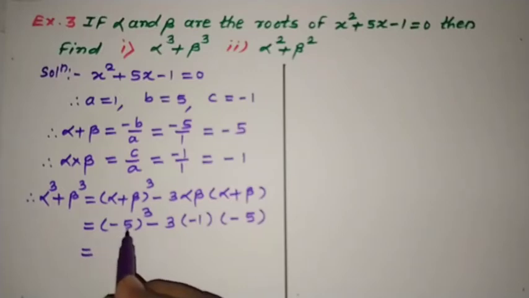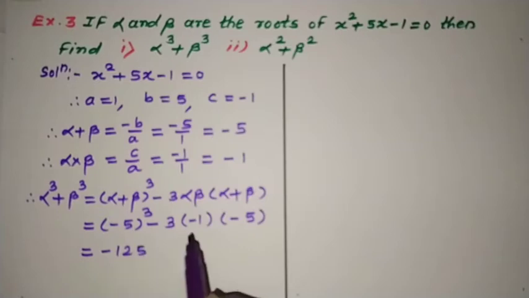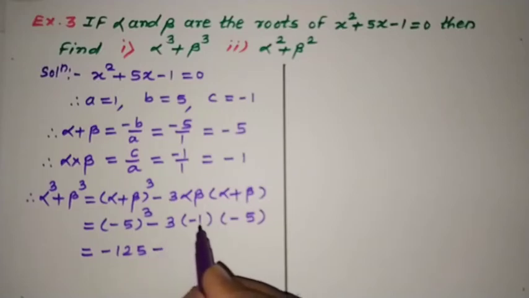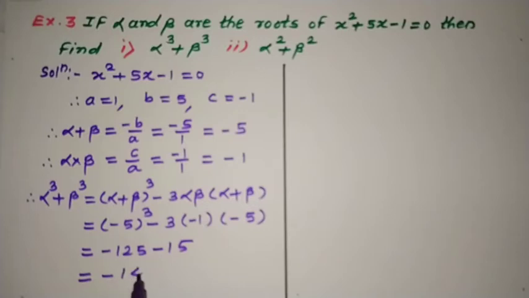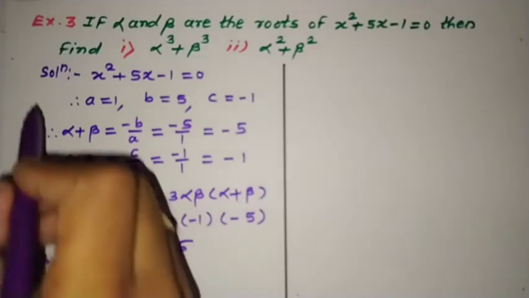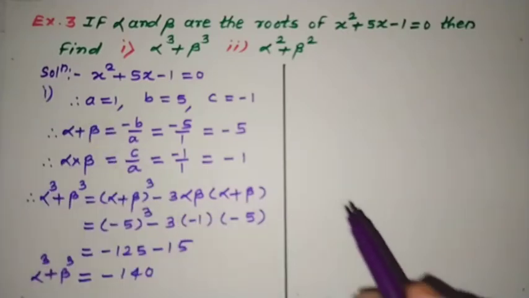Cube of minus 5 is minus 125, minus minus is plus, and plus times minus gives minus, 3 times 5 is 15. Therefore, the value of alpha cube plus beta cube is minus 140. This is the first.